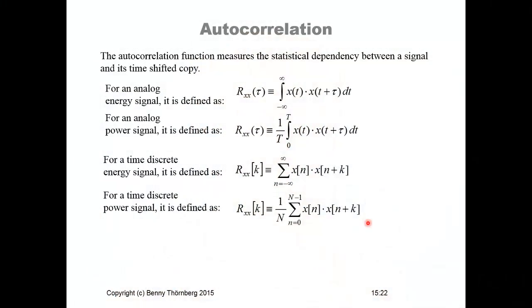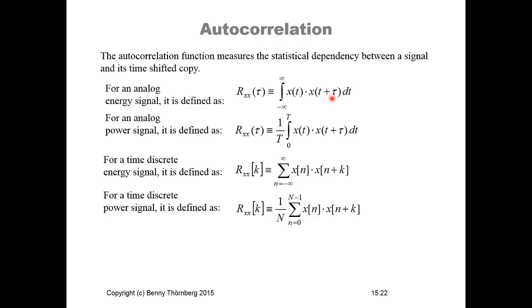Have a look at these definitions for the autocorrelation function. For an analog energy signal, it is defined as the integral of x(t) times x(t plus tau), where we are assigning a difference between those two time points that we are evaluating the correlation, and the distance between those data points is tau.